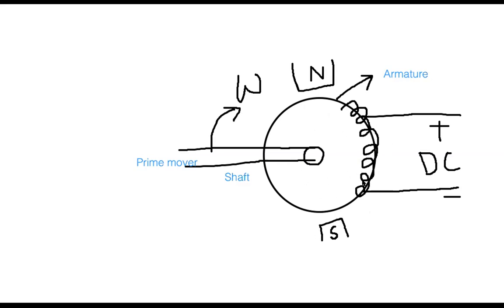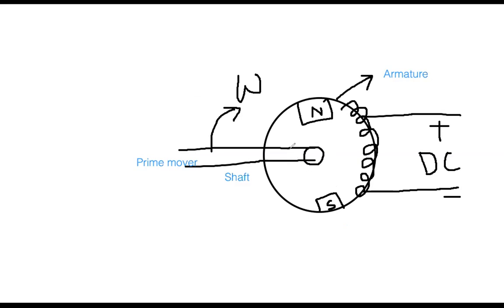Now in this case also, what you can do, let me explain. You can remove this one here. You can remove this one. What you can do, you can place the north pole here and south pole here. You can attach it.